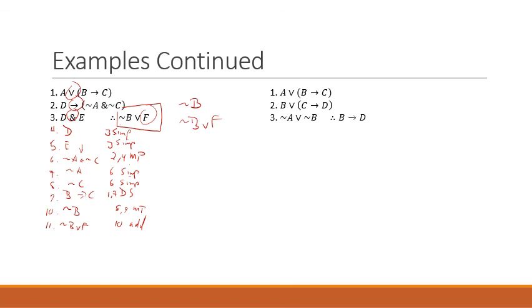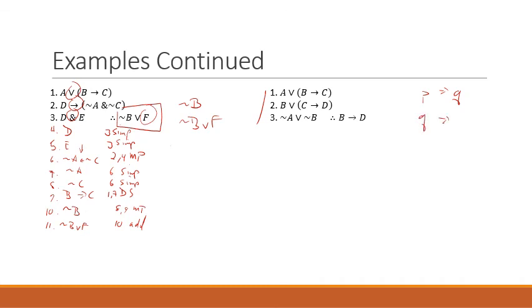Okay, moving on. Our final example here, we have an argument where I'm going to make the final step a hypothetical syllogism. So it's the one rule we didn't really talk about, but the hypothetical syllogism pattern doesn't really break things apart or make things more complicated. It just takes two conditionals and turns them into one.